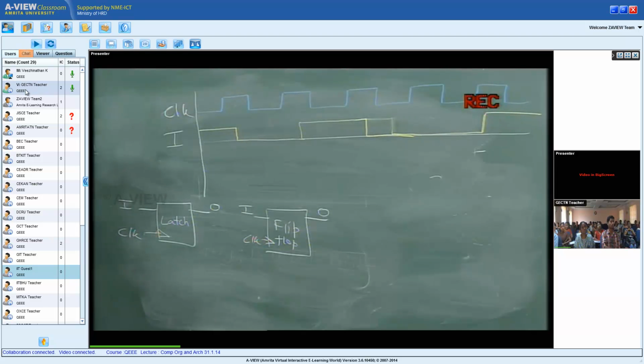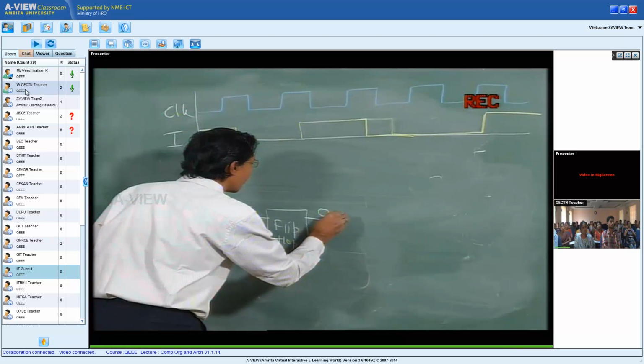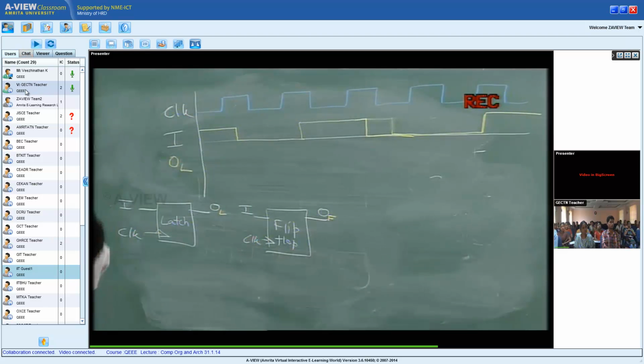Now what will happen in the case of a latch? Let me call the outputs OL and OFF.